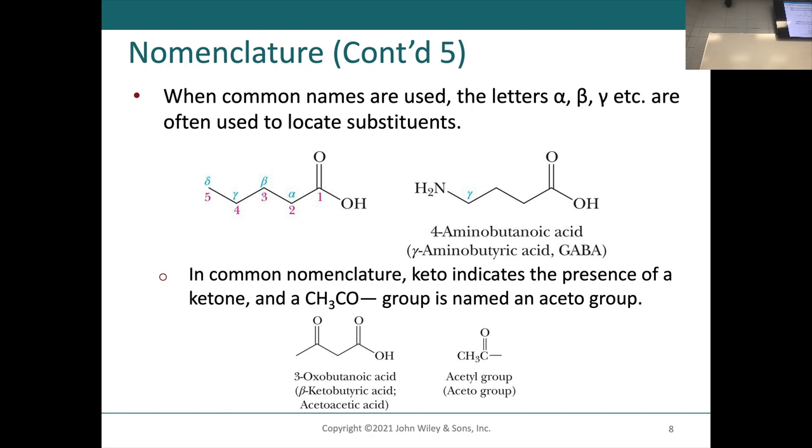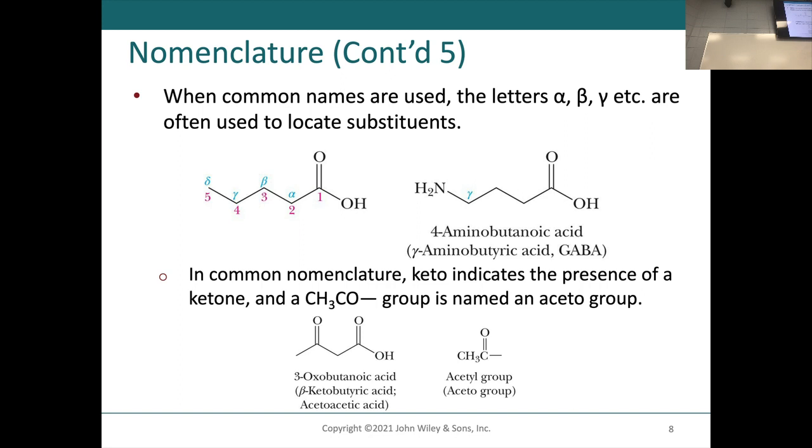But here's a molecule called GABA. It stands for gamma aminobutyric acid. It's a simple amino acid. So alpha, beta, gamma, right? There's the gamma carbon that contains the amine. This is actually a simple amino acid that is used in your brain.